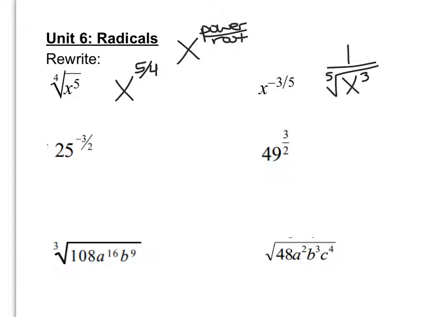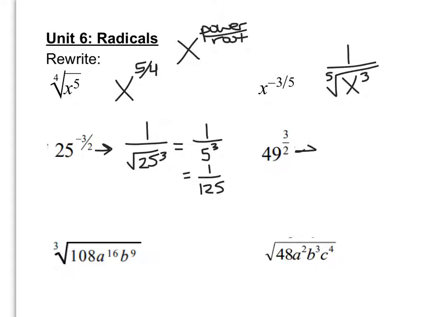My first step to simplify numbers is to change it to the radical form we just did. So 25 to the negative 3/2 would be 1 over the square root of 25 cubed. And when we simplify, we want to do the root first. So this is 1 over the square root of 25, so that'd be 5. And then I'm going to cube that, and I get 1 over 125.